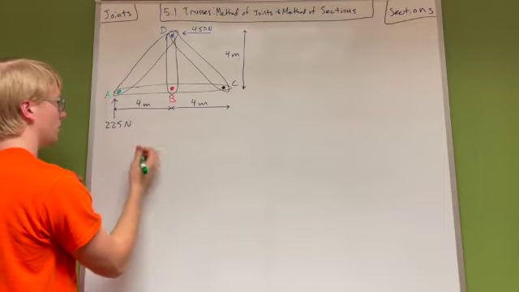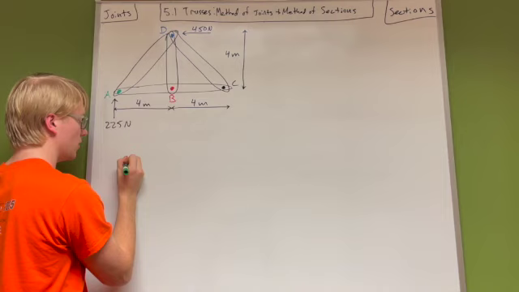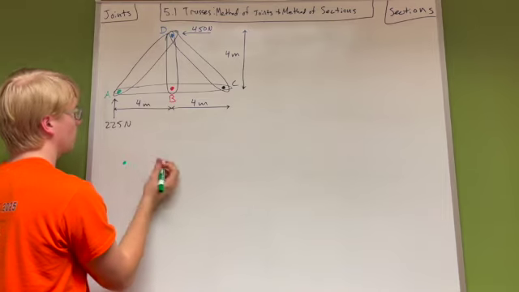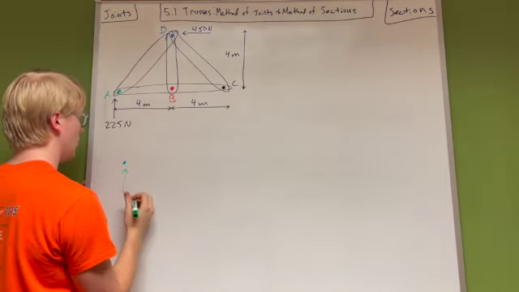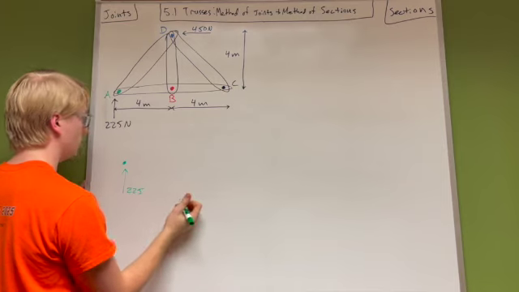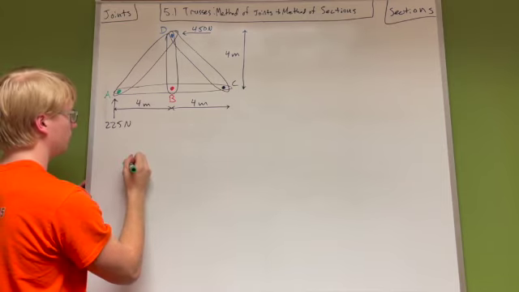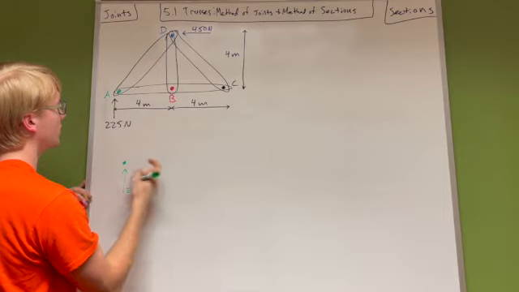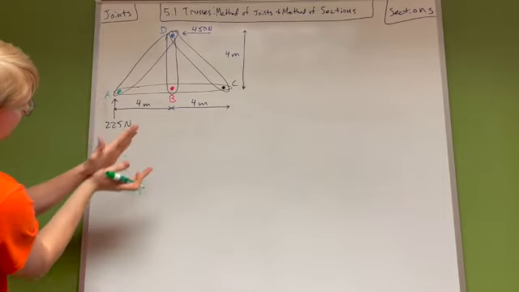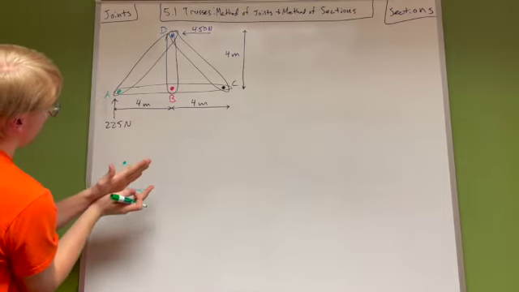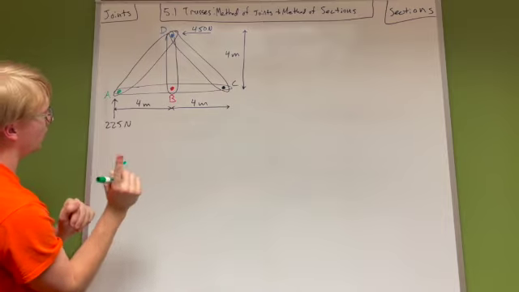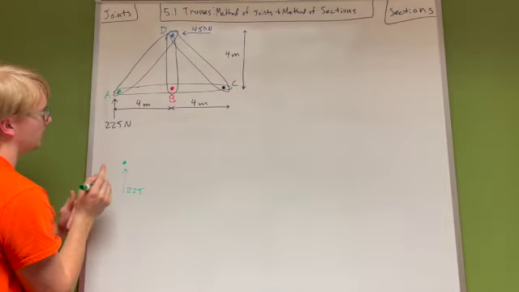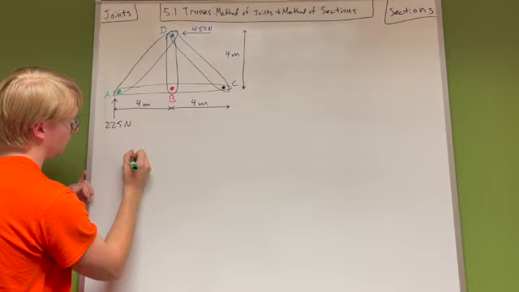But A, we're going to start out with A because it's simple and we can find stuff with A. And so the free body diagram of A, here's point A. Okay, here's the 225. And so there's 2 trusses that come to point A, right? And one of them can affect the Y direction, and it's this one.